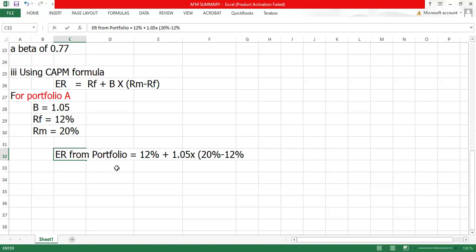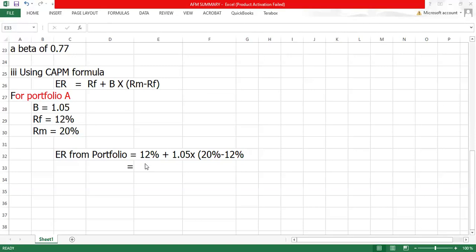What do you get on your calculator? Someone will please tell me. As you use your calculator, don't put percentages.